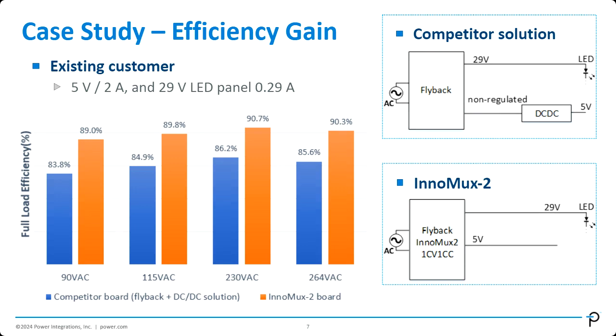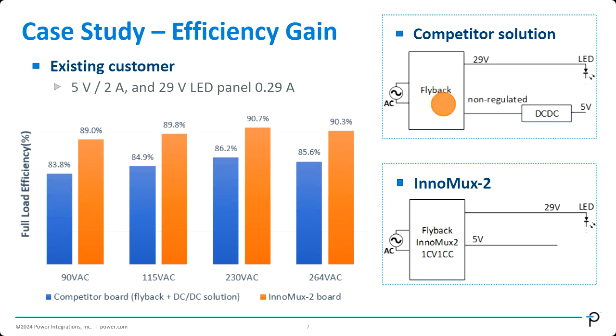This is the case study on efficiency gain with using InnoMux-2. Again, it's based on a real project where a 5-volt constant voltage output is needed and a 29-volt LED constant current output is needed. So this application is for display. And the competitor solution is pretty traditional, using a flyback plus DC-DC.